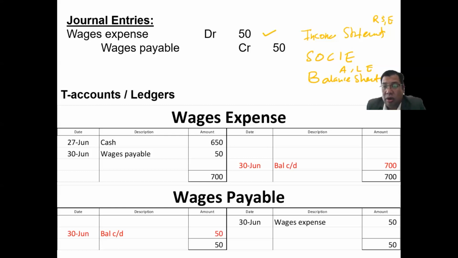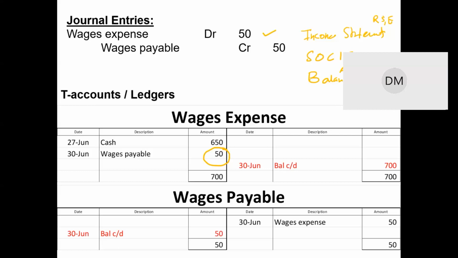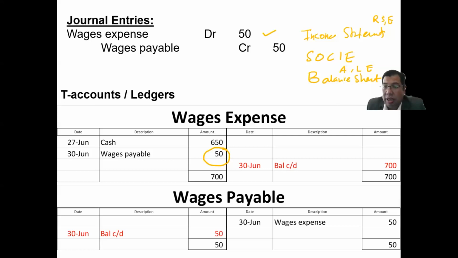So you should record that in your account. So the correct value for the wages expense is 700. That is the reason why we need to debit your wages expense by another 50. So by doing that, your total wages expense is 700.